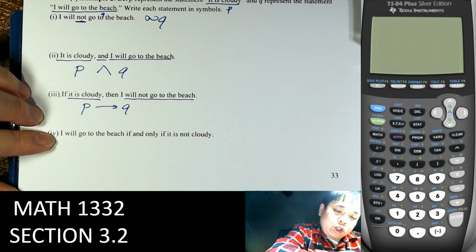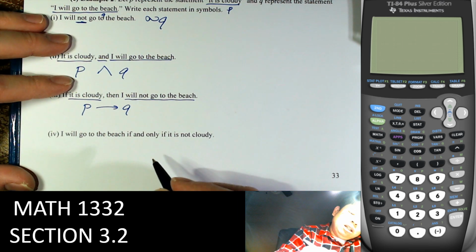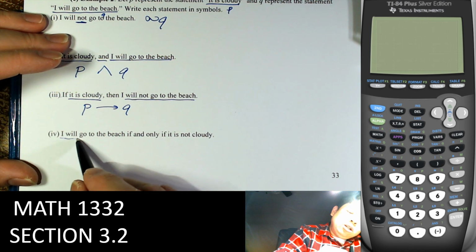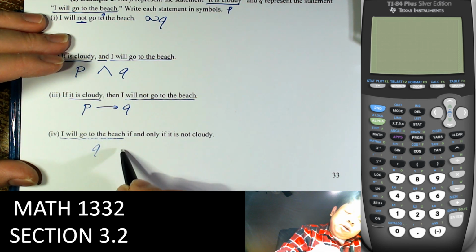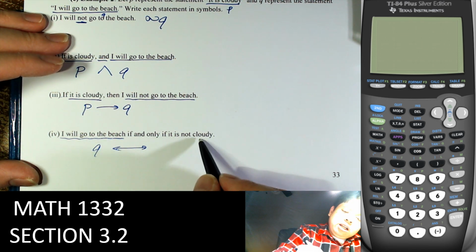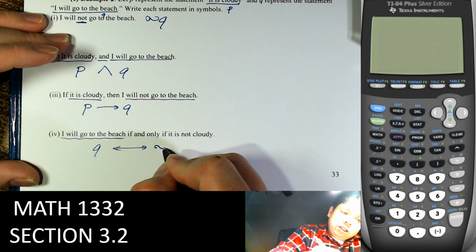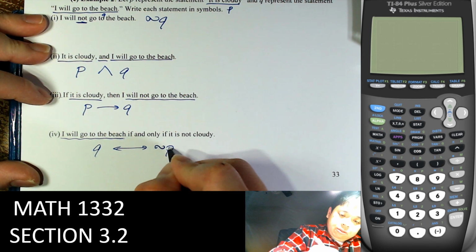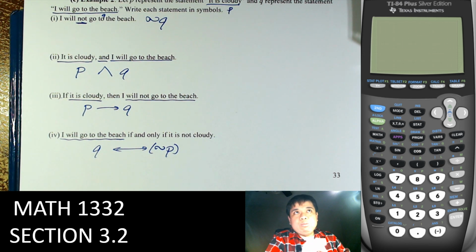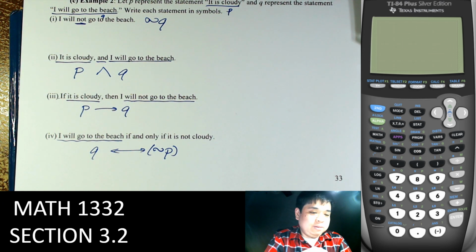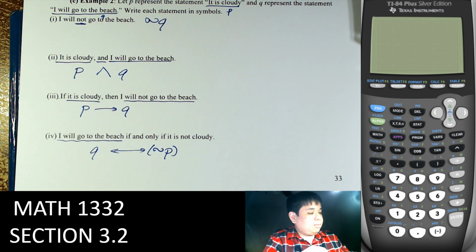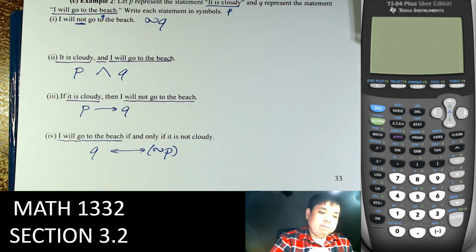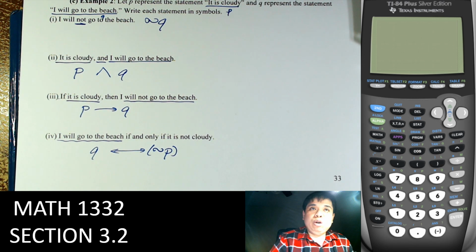I will go to the beach if and only if it is not cloudy. So going to the beach is Q, if and only if it is not cloudy. Pretty straightforward, right? Just be mindful to put the parentheses there.